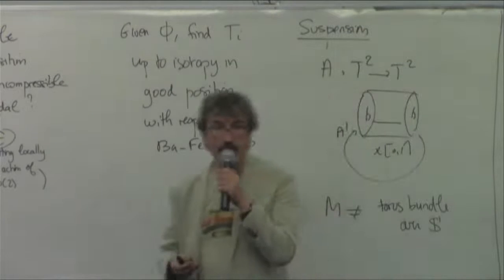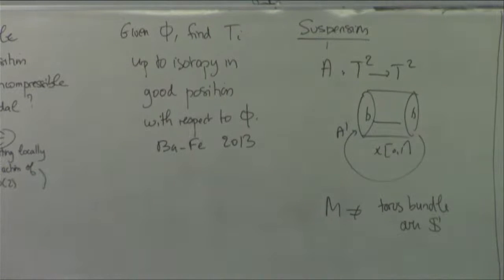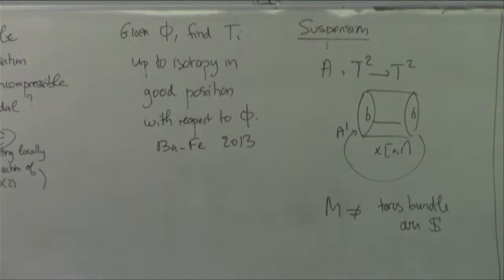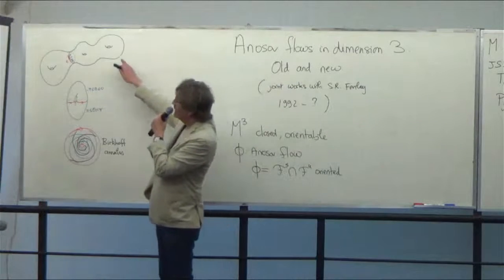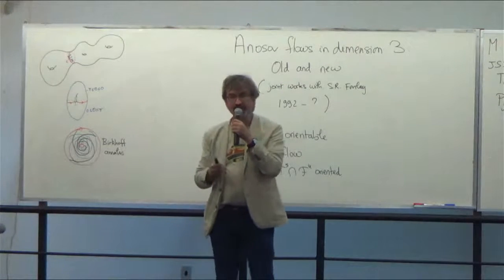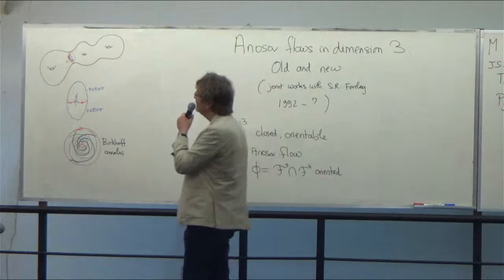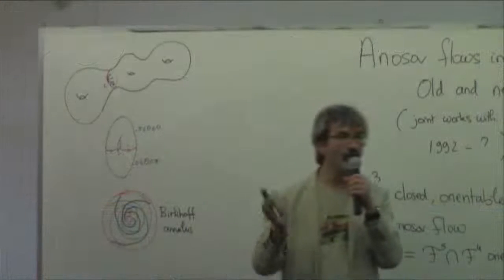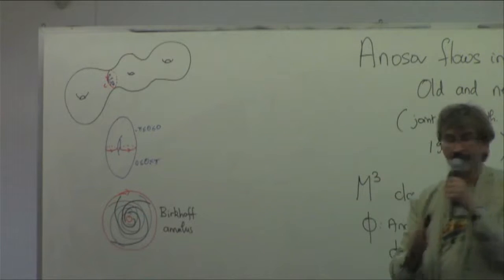The next example, if not a suspension, with the classical one, is the geodesic flow. You all know this picture. We have a surface equipped with a Riemannian metric of negative curvature, and the flow is the geodesic flow, which I won't define since you all know it.